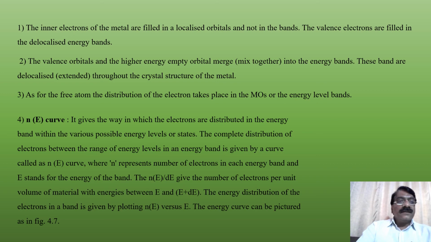These bands are delocalized, that is, extended throughout the crystal structure of the metal. Third, as for the free atom, the distribution of electrons takes place in the molecular orbitals or the energy level bands.